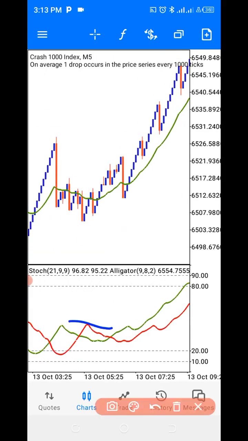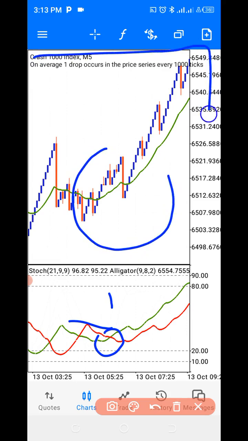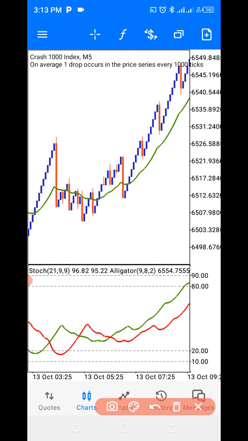Once the green moving average crosses the red upward like this, that is the first confirmation on our indicator window. The second confirmation is going to come on our main chart here. Price has to be above this green moving average that we have here. Price has to be above it, right?